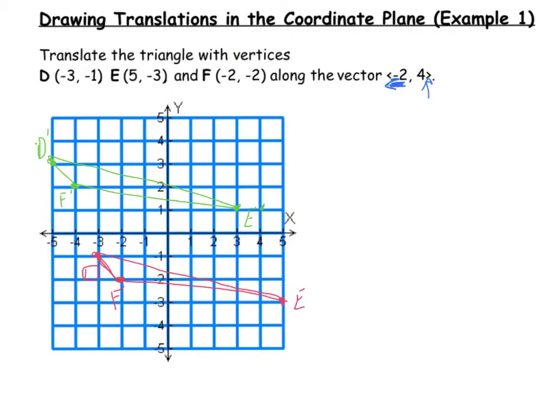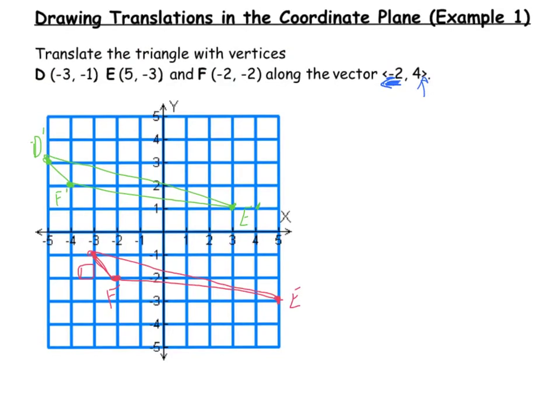Now, that's the easy way. The hard way, I guess, if you will, would be we have to figure out the new points. And then how did we get to those new points? So our D prime now, our new D, right? Our D prime is actually -5, +3.